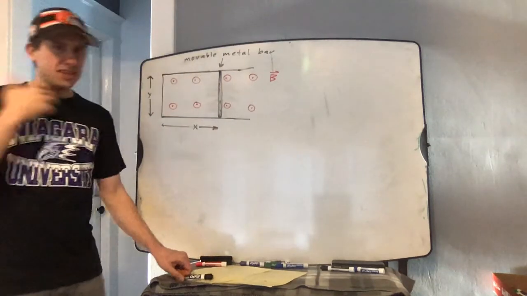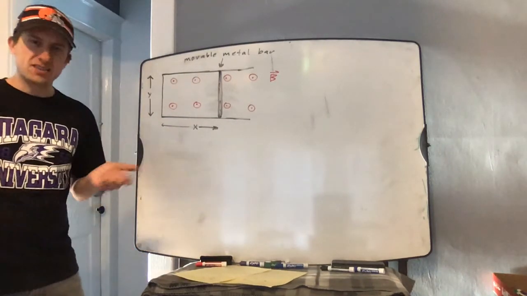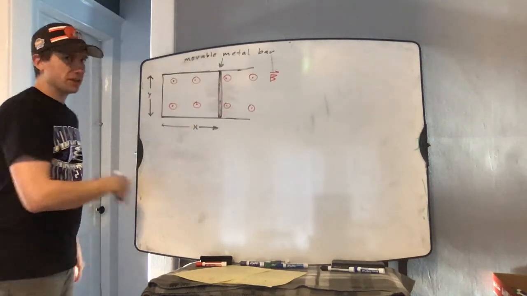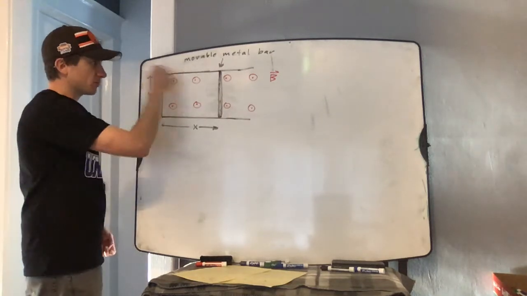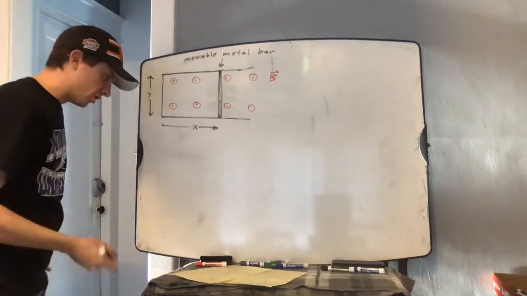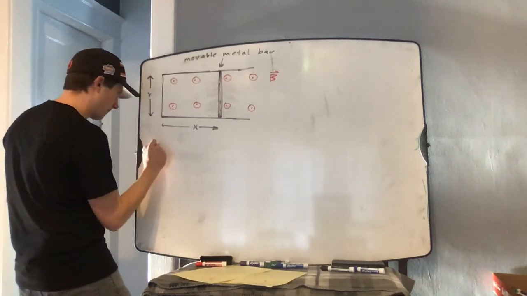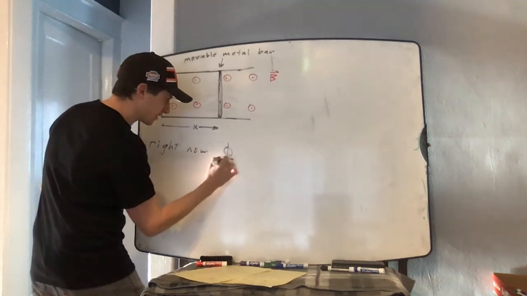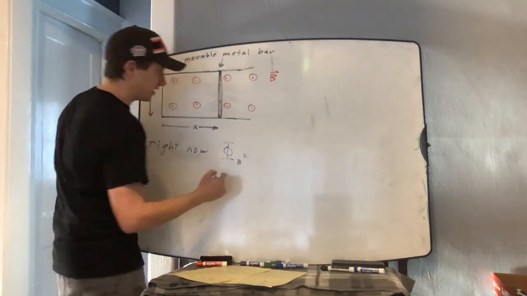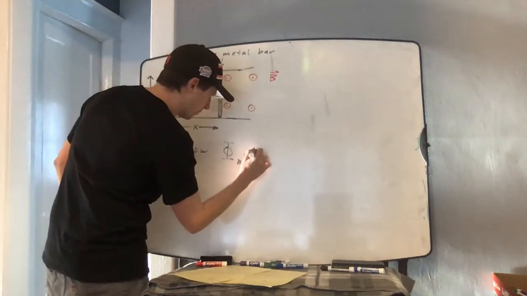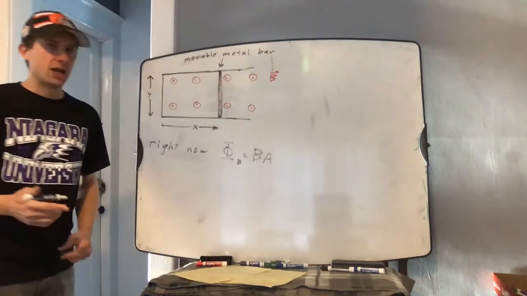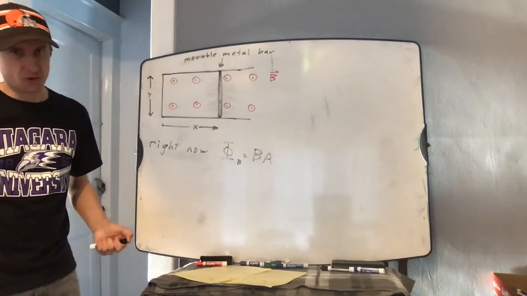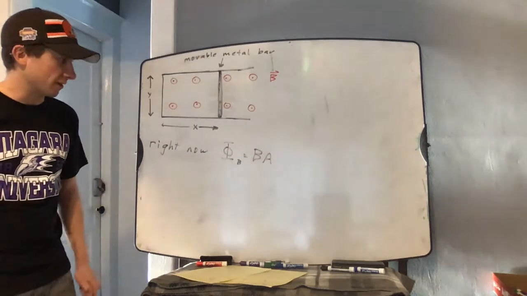Okay, at this moment in time, we could ask the question, how much flux is passing through this area that is enclosed by the C-shaped bar plus the movable metal bar? So right now, I could say the magnetic flux is going to be B times A. So magnetic field strength times area times the cosine of the angle between A and B, but they're both going to be directed in the same way, so we get times cosine of 0.